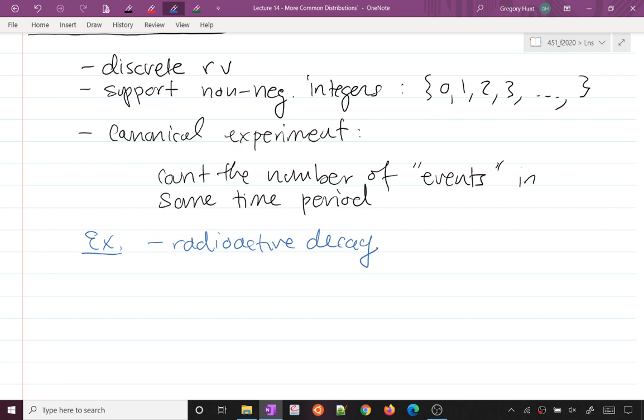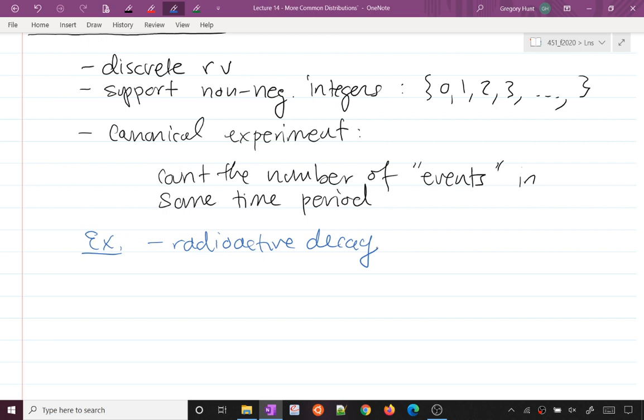So say, how many beta particles are emitted in 5 minutes from my plutonium? You could get no beta particles, 1 beta particle, 2 beta particles, right? And so it's a count of the number of events, in this case, radioactive decaying events that happen in a time period.